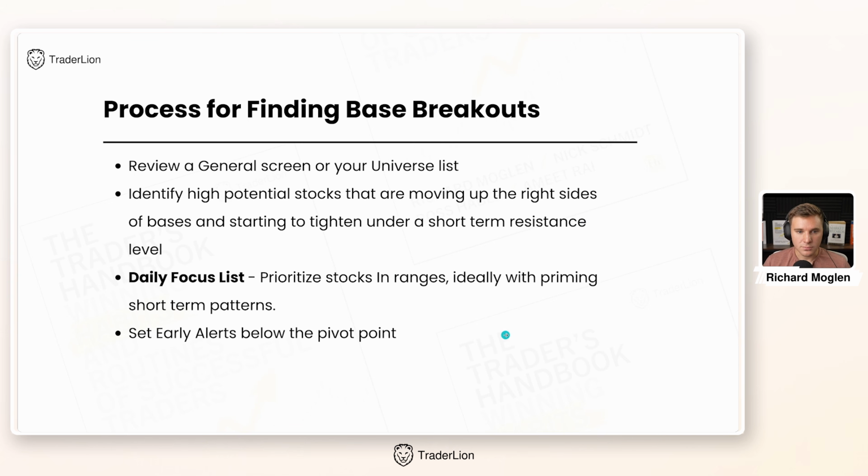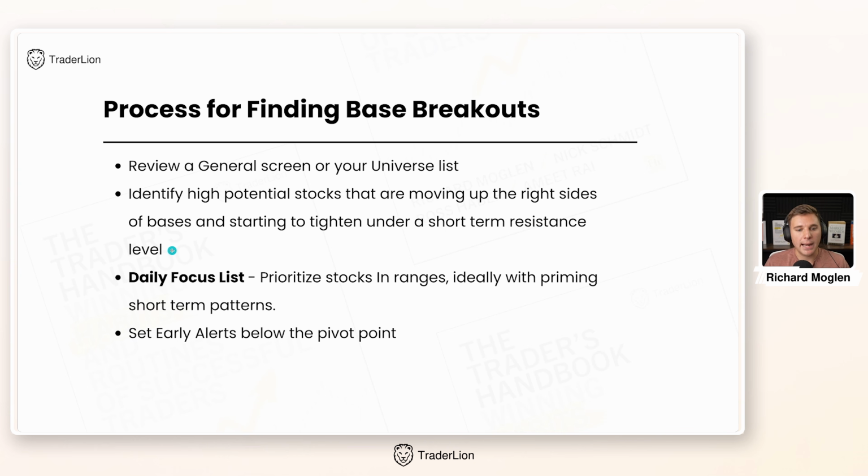All right. So again, what we're talking about today is the process for finding base breakouts and how to trade them. So in terms of a routine, this is kind of what I do. First, I review a general screen or your universe list to have a wide range of ideas, identify high potential stocks that are moving up the right-hand sides of bases and starting to tighten under a short-term resistance level.